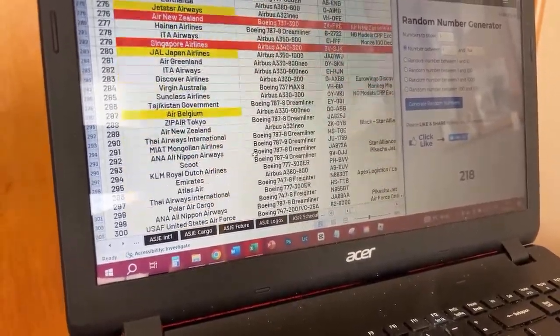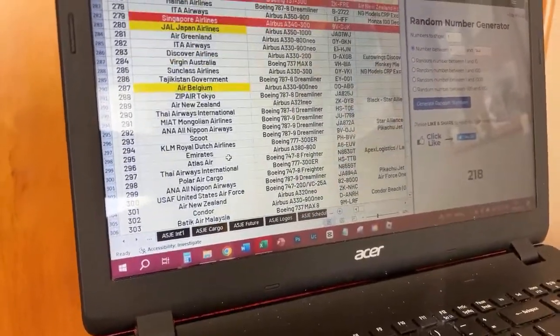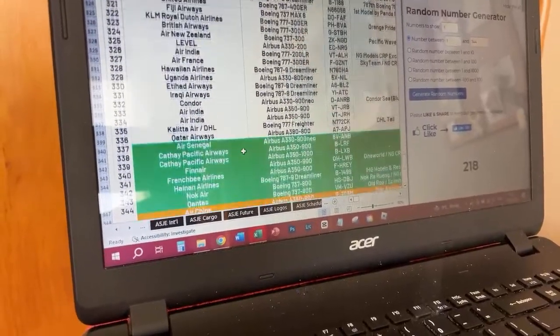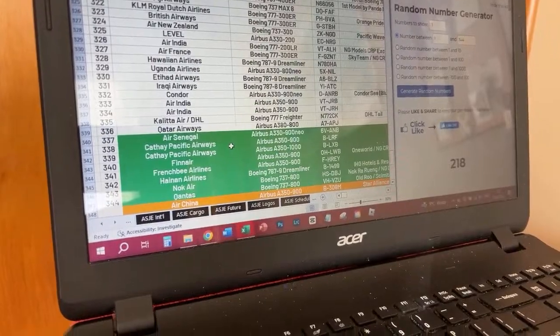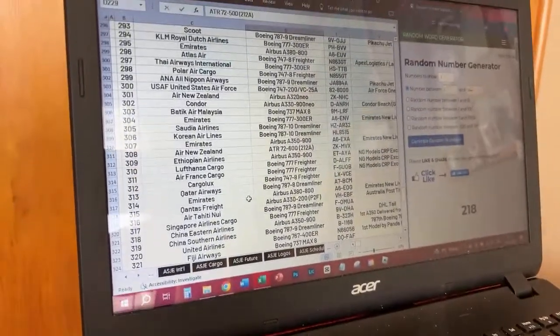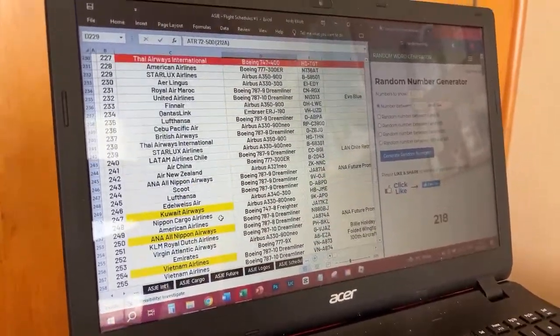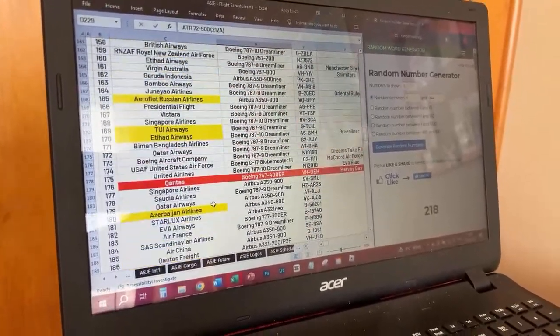And as I mentioned, the ones that are in yellow are all the models that have already been showcased. The ones that are green are models that I have purchased but haven't been delivered yet. But all the ones that are in white are models that are able to be showcased in a model airport update.